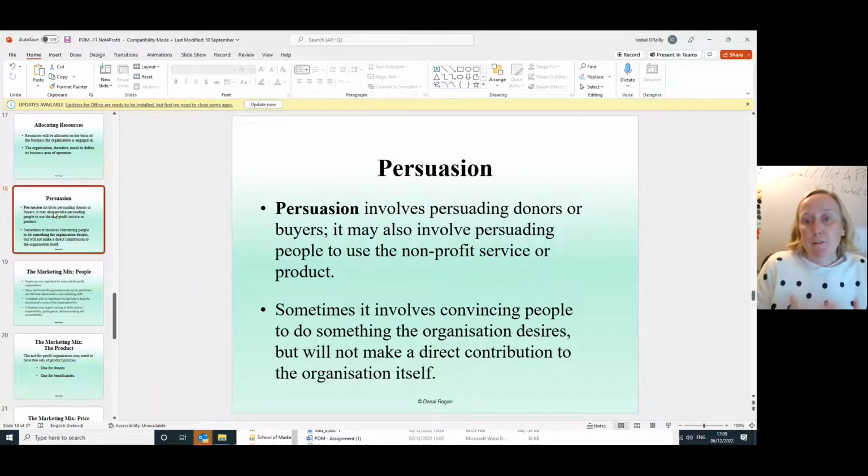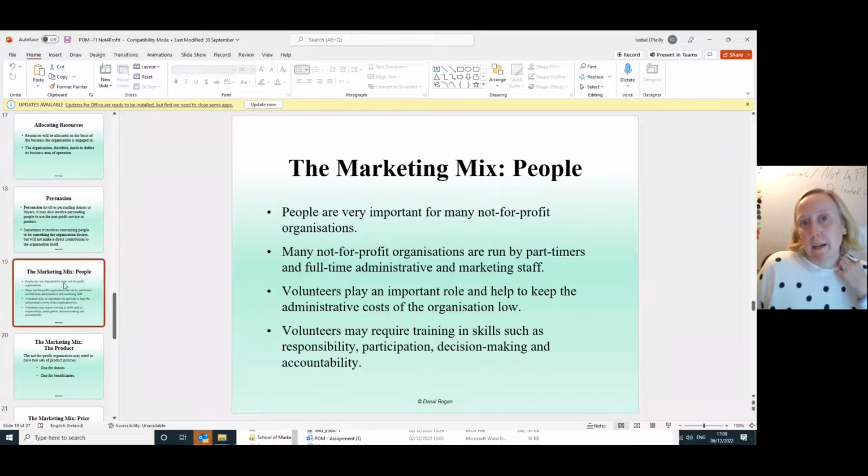Sometimes it involves convincing people to do something the organization desires, but will not make a direct contribution to the organization itself. So there's lots of different persuading that's needed, more particularly in a not-for-profit than for-profit.